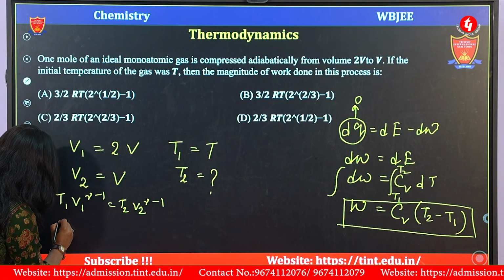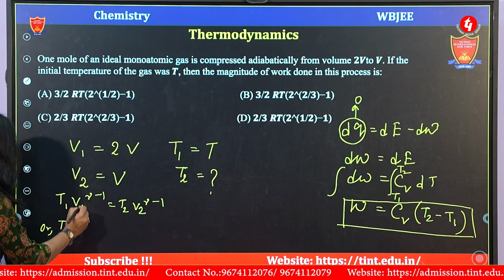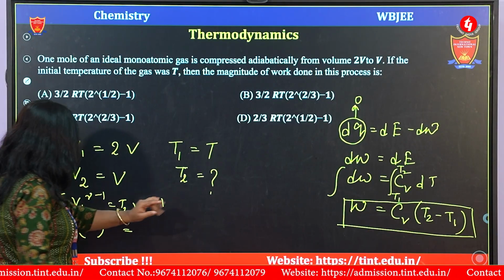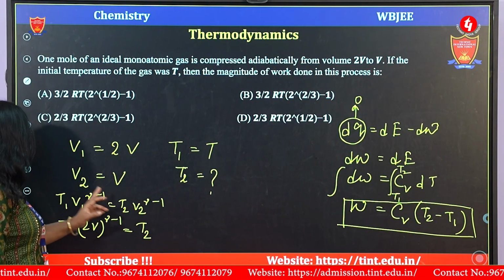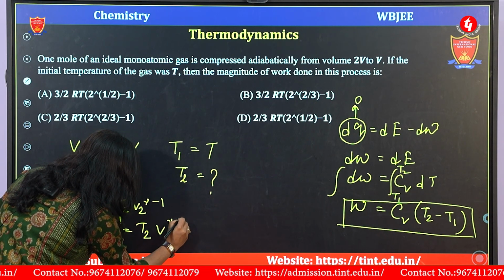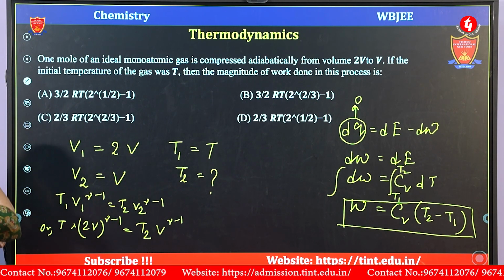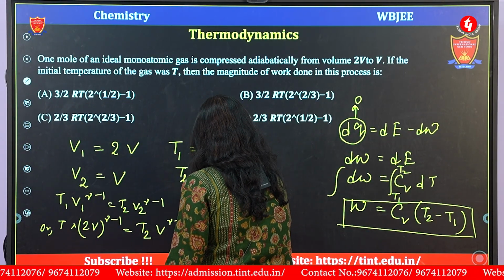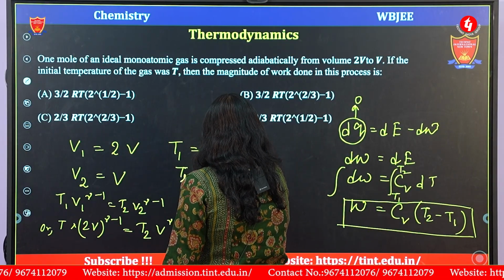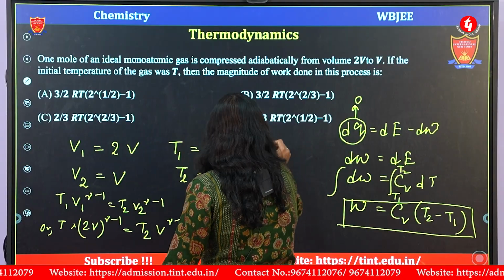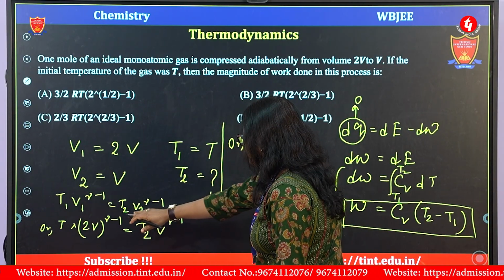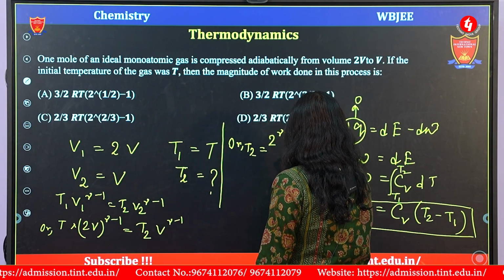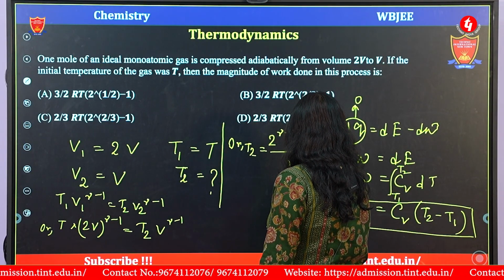Now, T1 is equal to T here, V1 is equal to 2V, T2 we do not know, and V2 is V. So, if we solve this, we get T2 equal to 2 to the power gamma minus 1, V to the power gamma minus 1 and T, divided by V to the power gamma minus 1.